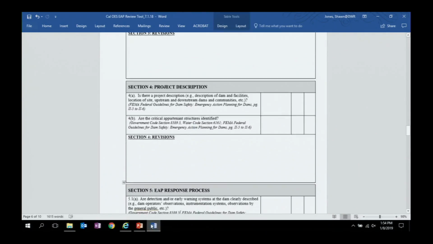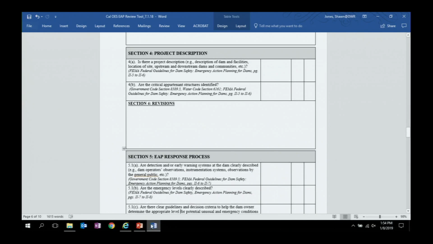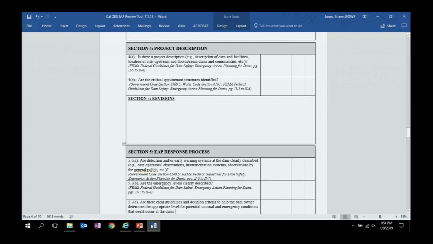Moving on to section 4 is the project description. Have you identified what your project description is? What are we looking for? Location of the site, the upstream, downstream dams, communities.